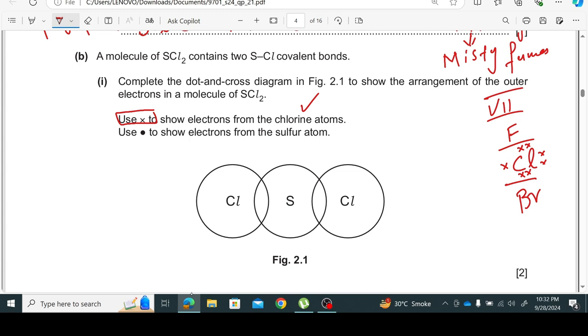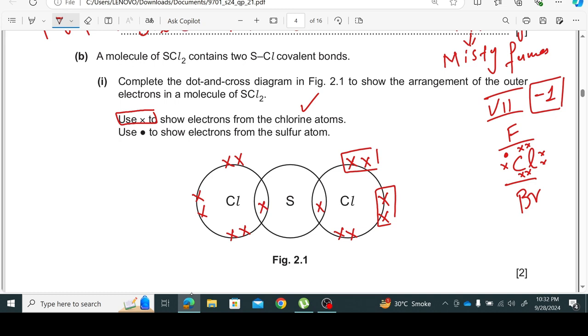Group 7 carry a negative 1 charge because they can only gain 1 electron. So I will mention here 1, 2, 3, 4, 5. Draw these electrons in the form of pairs. So this is the last electron of group 7. Here, another chlorine: 1, 2, 3, 4, 5, 6, and the 7th electron.